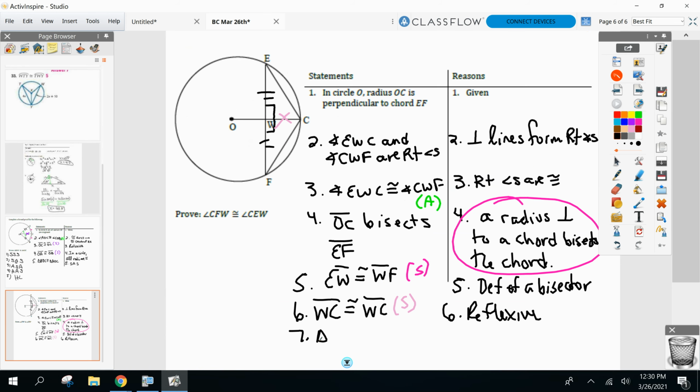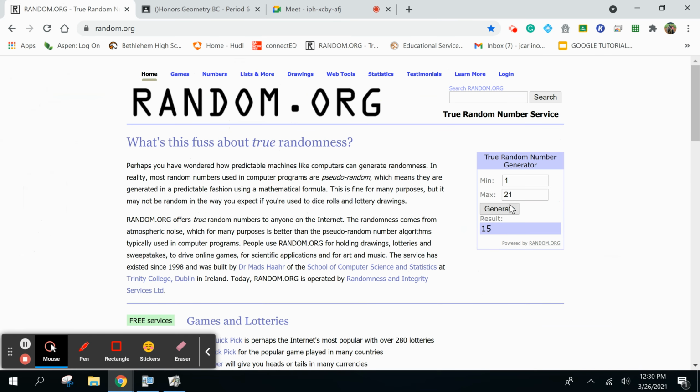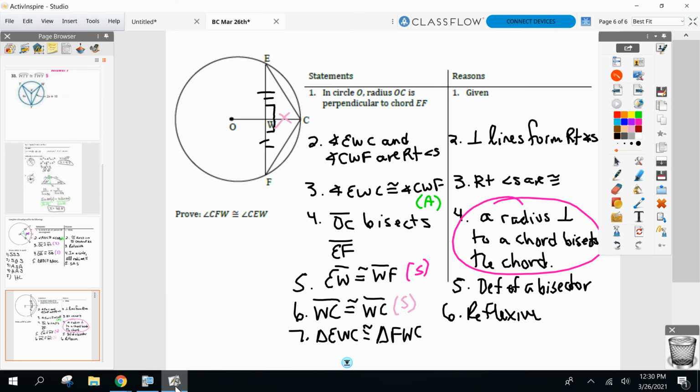Remember, order of the vertices matters. Make sure you match up sides and angles when you write both triangle names. So if I name that first triangle EWC, I have to go FWC in the other one. And last question as we head into the weekend, what method are those two triangles congruent? What method do I have here?